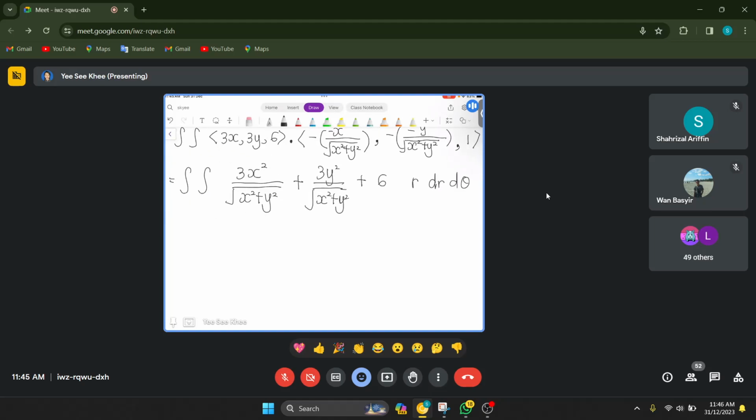It is a complete circle, so you will have theta from 0 to 2 pi, and the radius from 0 to 4, like in the drawing.